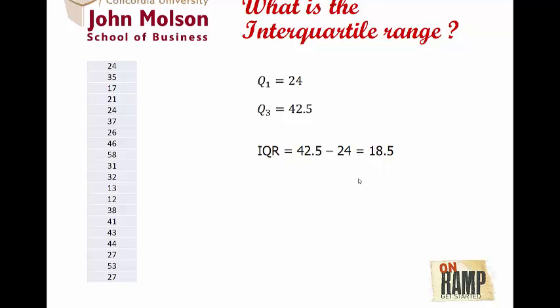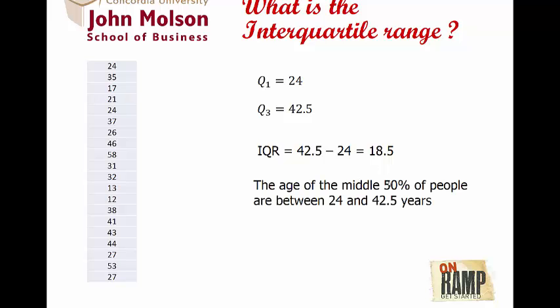How do we interpret that? It means the age of the middle 50% of people who went to see the movie are between the ages of 24 and 42.5. It means also there were about 25% of people less than 24 and 25% above 42.5 years of age.